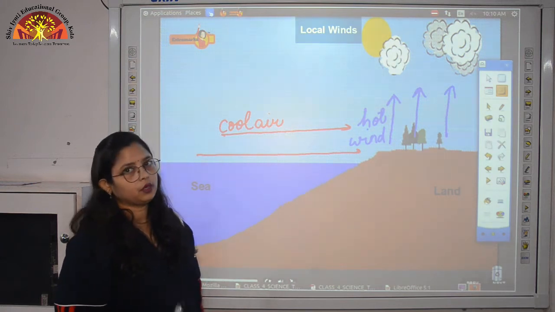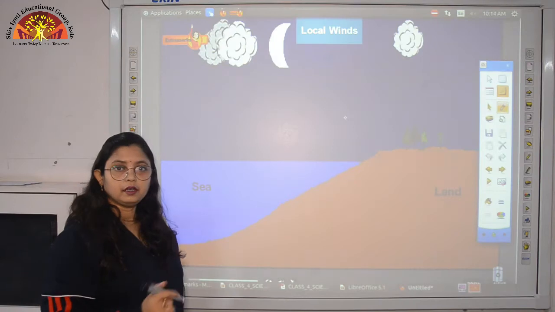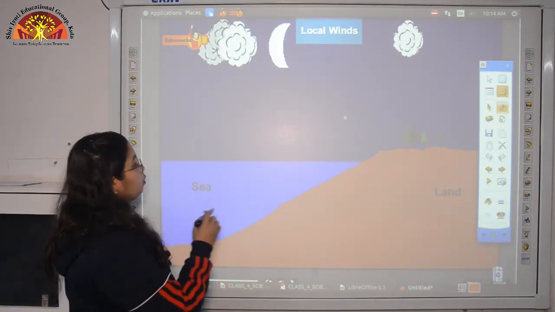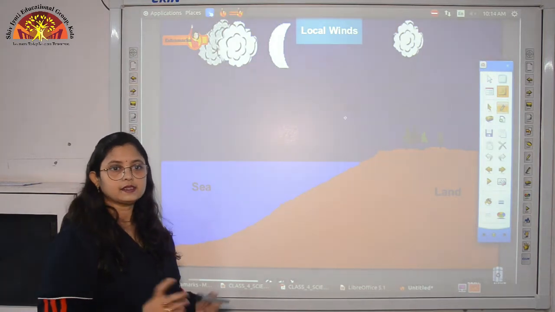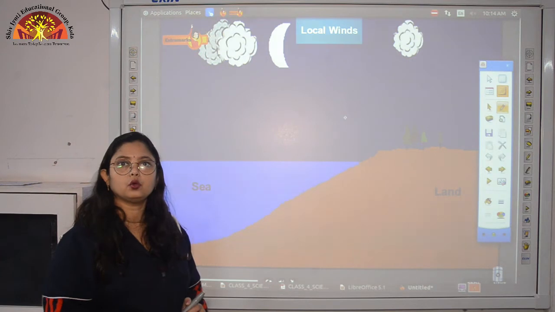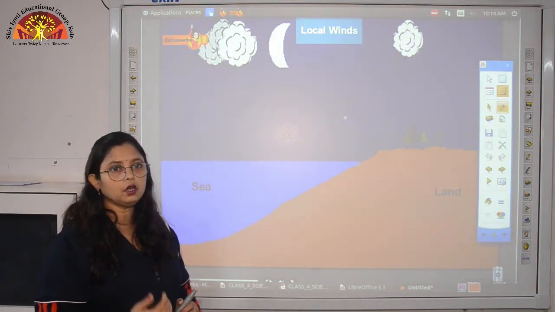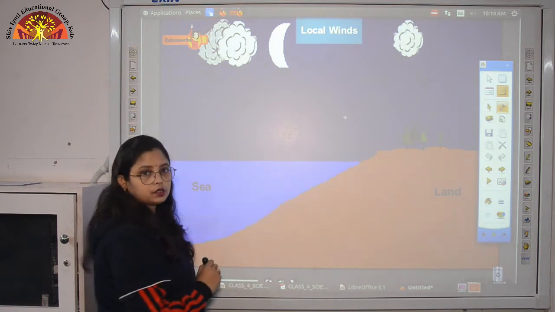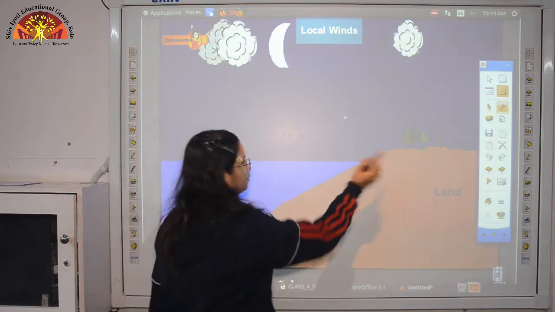Now let us see what is land breeze. So children, now let us see what happens during land breeze. During the night time when the sun is not here, as I have told you, land gets cooler faster as compared to the water. So the wind above the sea surface is hotter as compared to that above the land surface.